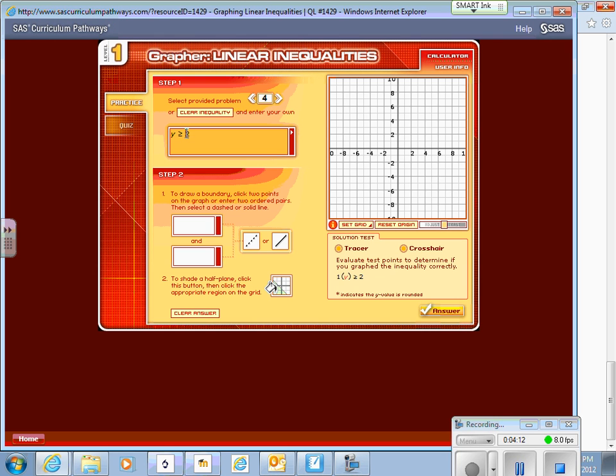Y is greater than or equal to, let's say, negative 2. Okay, so on the y-axis, because there's a y on the left, I go to negative 2. Well, y is also equal to negative 2 either to the left or right. And because the inequality sign has an equal as well, greater than or equal to is what that symbol means, I'm going to choose a solid line.